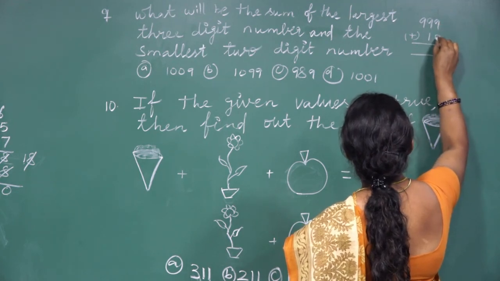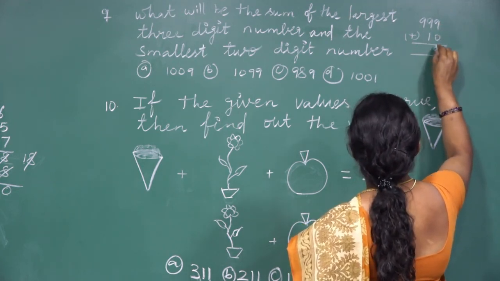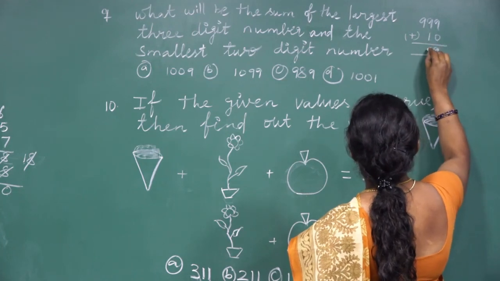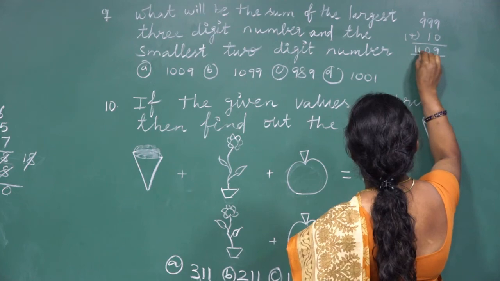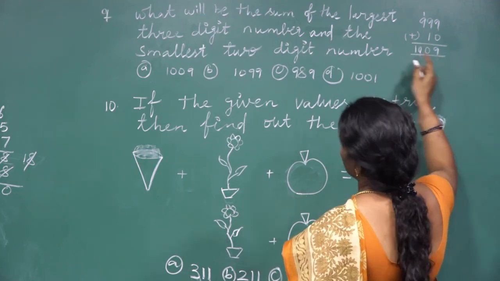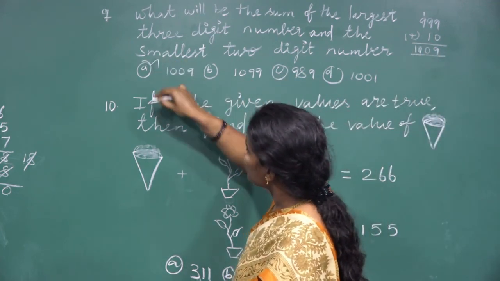Here 9 plus 0 is 9 only. 9 plus 1 is 10. You write 0, remaining 1 right here. So the answer is 1009. So which option is correct? A option is correct.